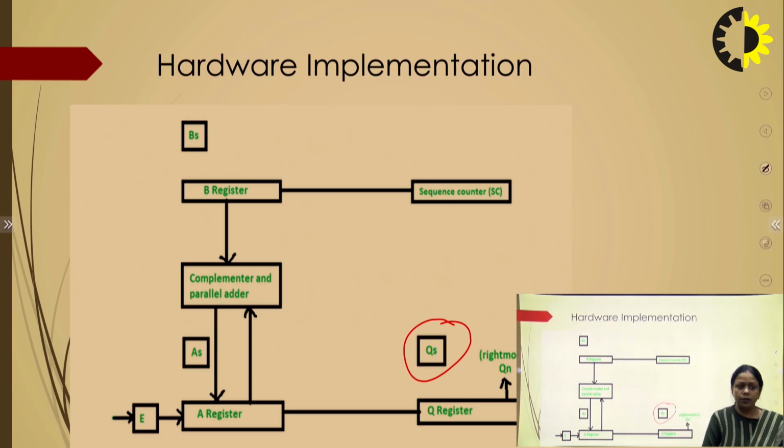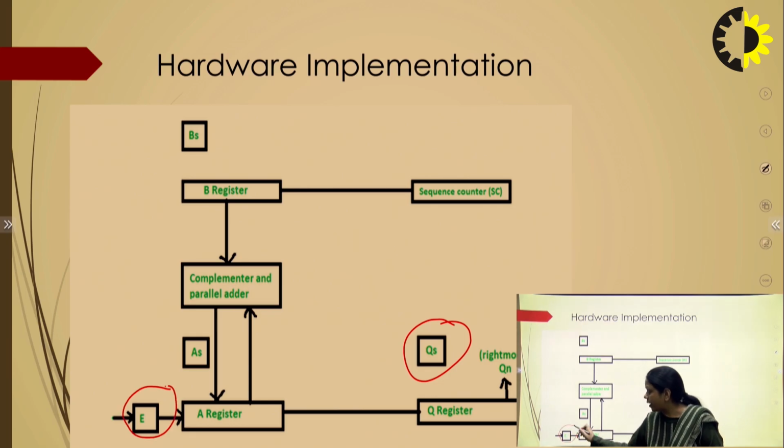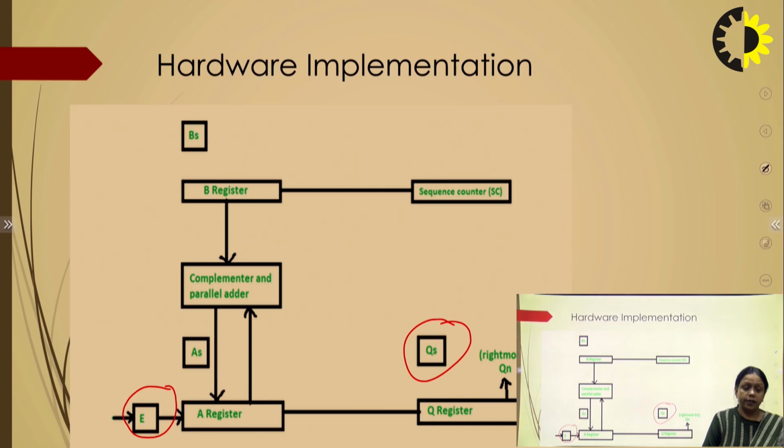So we will not use sign in the registers. We will store these sign bits in a separate flip-flop. Okay, and there is another register also required, which is known as E. E is used for the carry bit. If there is any carry bit in the algorithm, then it will be stored in E.